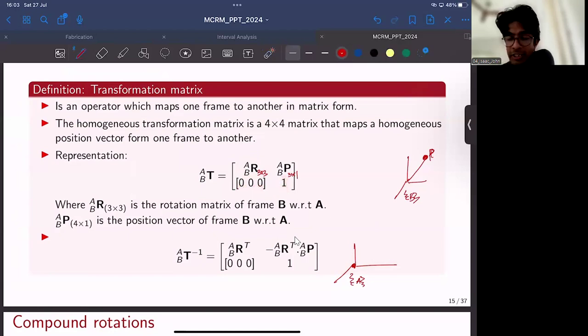So the final row of the homogeneous matrix is always 0, 0, 0, 1.